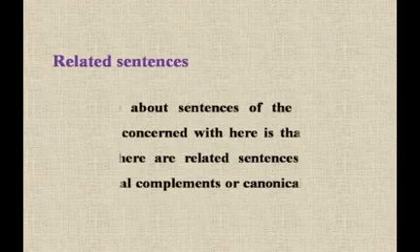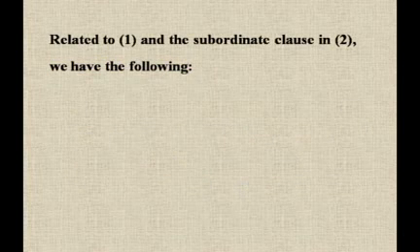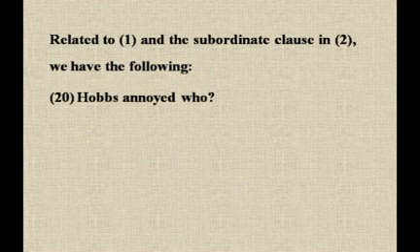Related sentences. One important point to note about sentences of the kind that we are concerned with here is that in many cases, there are related sentences involving canonical complements or canonical subjects. Related to 1, who did Hobbs annoy, and the subordinate clause in 2, we have the following. 20. Hobbs annoyed who? 21.